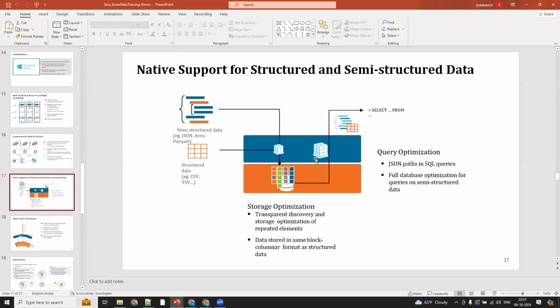You can write your transformations in PySpark, Python plus Spark, directly in Snowflake. Because of that extendability, because of that Python introduction, Snowflake started supporting even unstructured files as well.